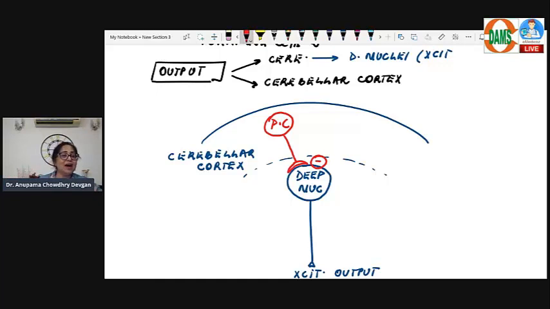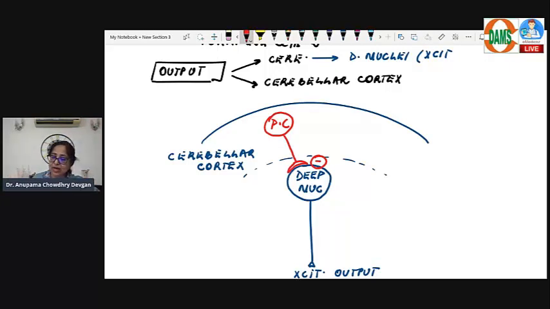It modifies the deep nuclei output. Remember, deep nuclei output is excitatory. If the Purkinje cell is more active, the excitatory output reduces. If it is less active, excitatory output increases.